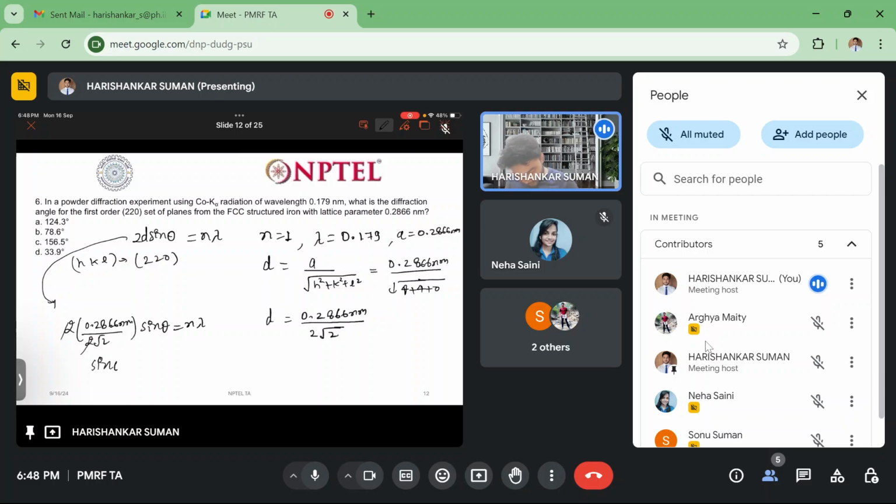We have to find theta, n equals 1 and lambda 0.179. Multiply by 2 and divide by 2.866 nanometers. Nanometer cancels out.